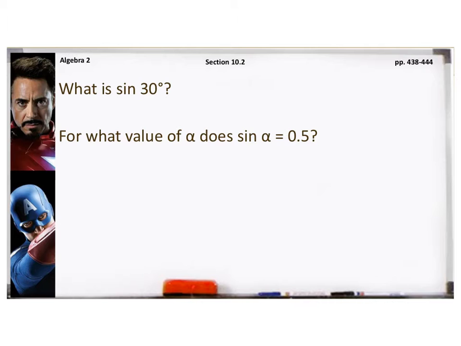What is the sine of 30 degrees? Well, let's see. I guess at this point in time we would put that into our calculator. You didn't do side ratios or anything.